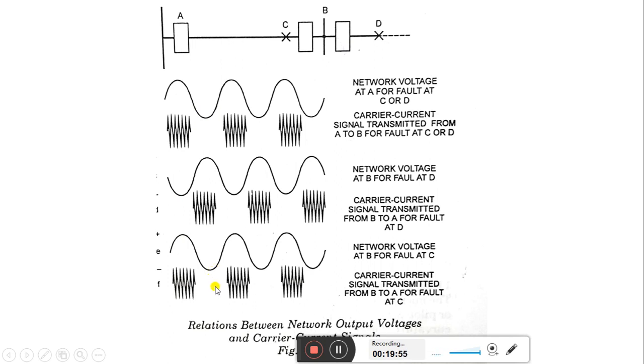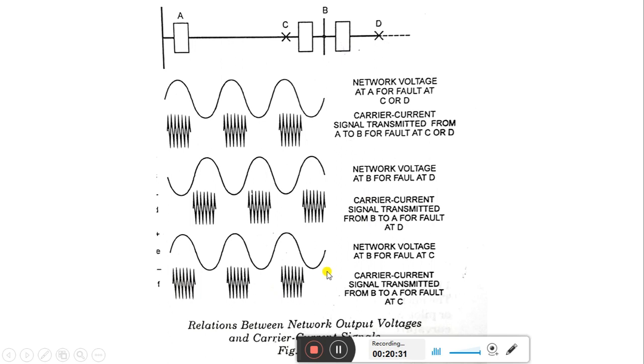It means there is an interruption of the current flow in the channel or in the line. As soon as an interruption of the current flow is observed in the line, it will be sensed by the protection system by comparing the phase relationship, and a signal will be actuated to the protection system to actuate the circuit breaker to isolate the faulty section.